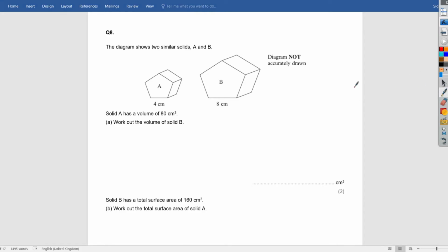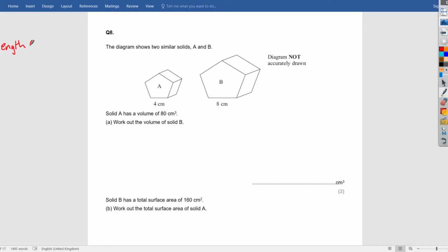Right. So let's just quickly remind ourselves what's happening with scale factor here before we start going through. Let's just say we're looking at a length here. When we first start with the length, you'll get a scale factor.